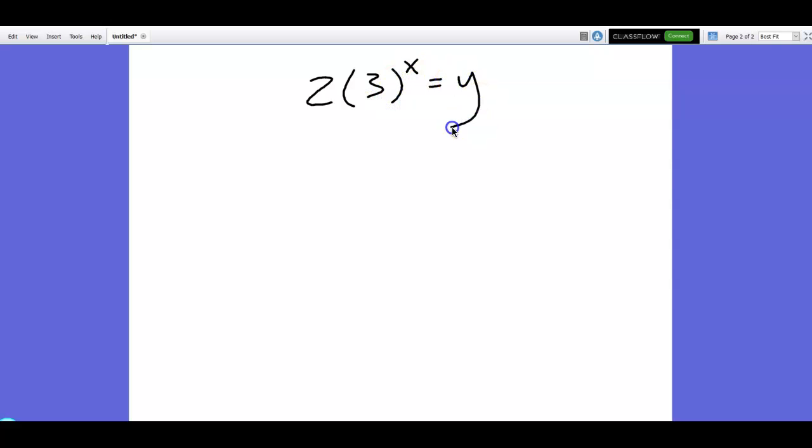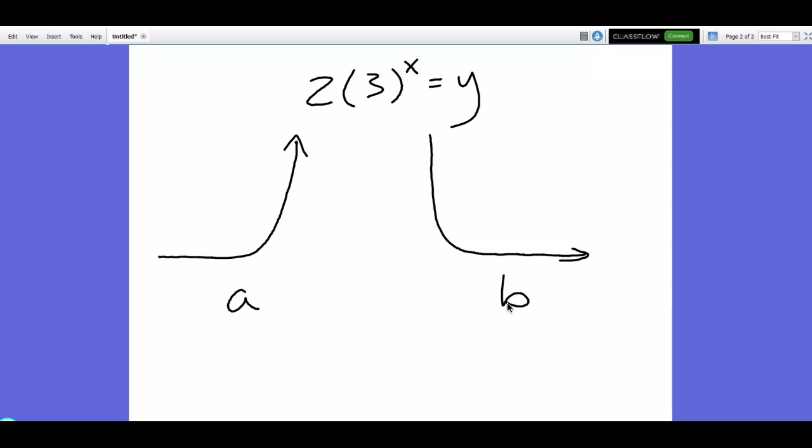Next question. If I were to graph this, would it look more like this, or would it look more like this? We'll say A and B. Which one? Raise your hand. Samantha Fox, why would it look like A? How do you know it's wrong?